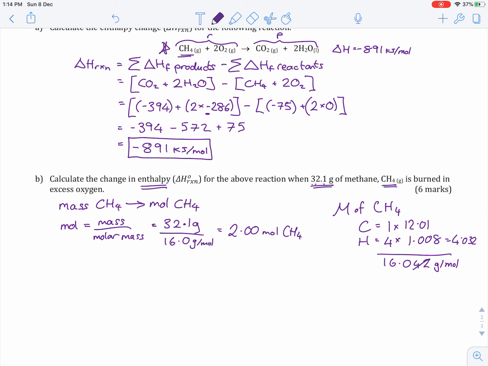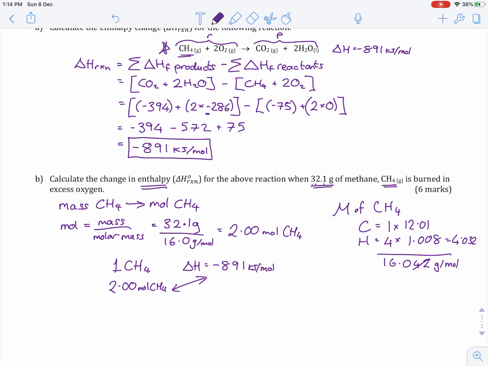Now, as I said, we've got that above link, so we can see that when you've got 1 CH4, your delta H is minus 891 kilojoules per mole. So this time you've got 2.00 moles CH4.